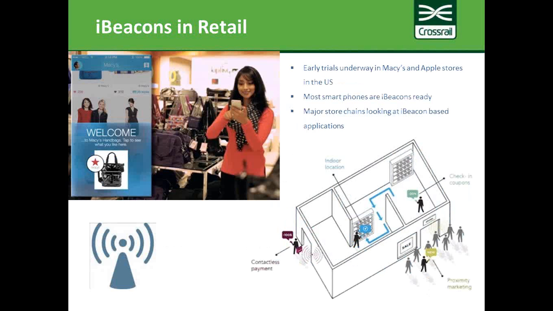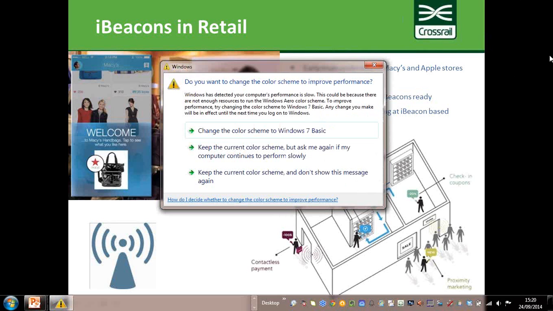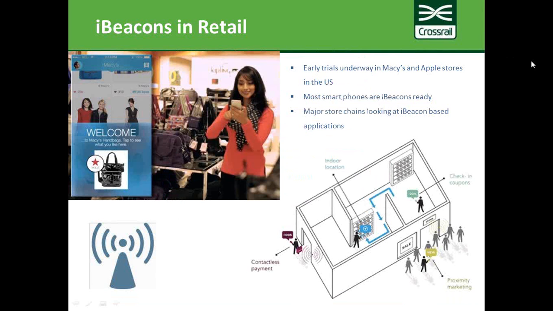So we haven't just blundered into this environment. This isn't something that by chance we think is a good idea. We know that iBeacons have some provenance in other industries. So for example, we are aware of early trials that were done in retail with Macy's and Apple stores in the United States. Most smartphones are iBeacon ready, and major store chains are now looking at iBeacon-based applications, and for a number of cases, not just simply location, but it could be for checking in coupons.